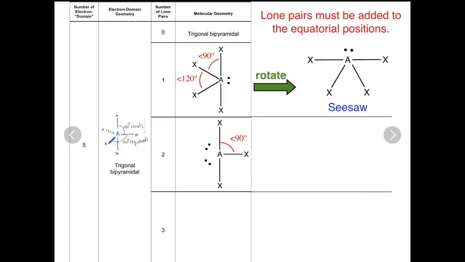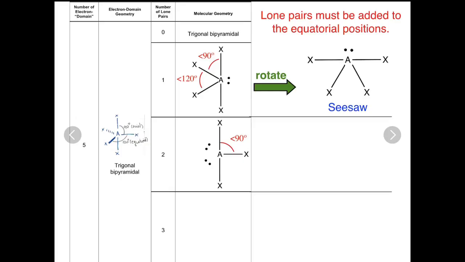Okay. The second lone pair that you will need to add, the easiest one would be, you can add 1 and 2 right here, or 1 and 2 right here, or 1 and 2 right here, right? As long as they are on equatorial, that would be the correct answer. But I'm just going to try to make it clearer for you to see.